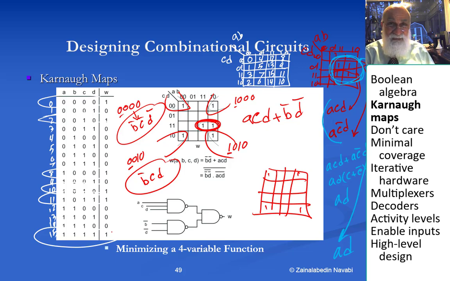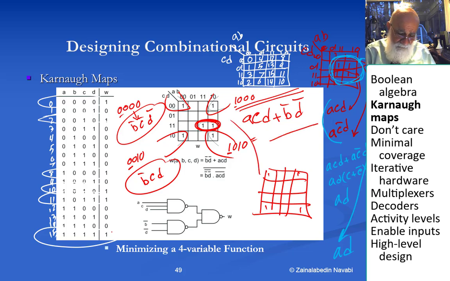If you are to build this, I can either build it using AND gates and OR gates, or I can build it using NAND gates. To build this using NAND gates, this is what I do. Double bar it, and then take the upper bar, break the lower bar: A C D, B bar D bar.